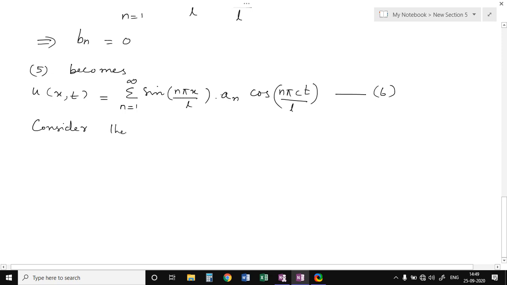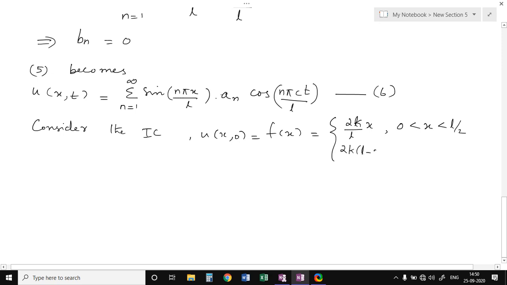So consider the initial condition, that is given as u(x,0) equal to f(x) equal to 2k/L x when x takes values between 0 and L/2, and the second value is 2k(L−x)/L when x takes values between L/2 and L. So therefore for applying this in this equation we take t as 0.